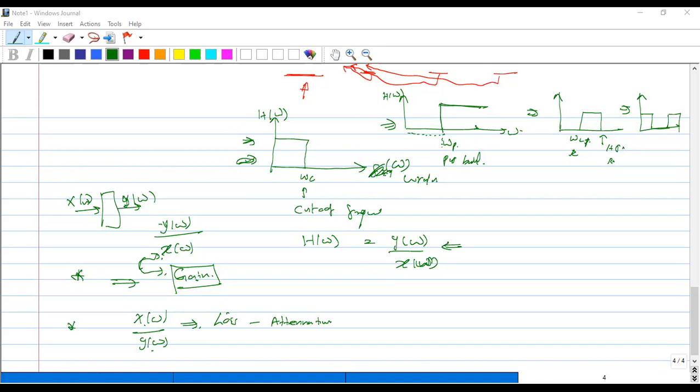Output power divided by input power, that is the gain, and definitely the other is the loss. That means input divided by output is loss. So that is clear, so we are correct.